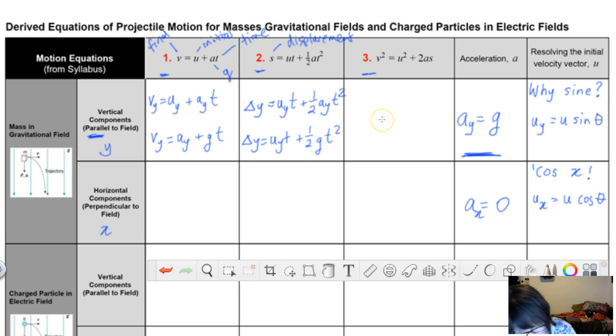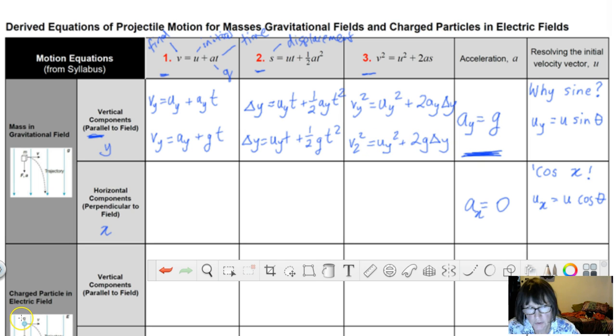So we have the final vertical velocity squared equals the initial vertical velocity squared plus 2 times the vertical acceleration times our vertical displacement, which is the change in position in the vertical. And again, I'll just rewrite ay to equal g. So that's done, and we can move on to the horizontal motion.